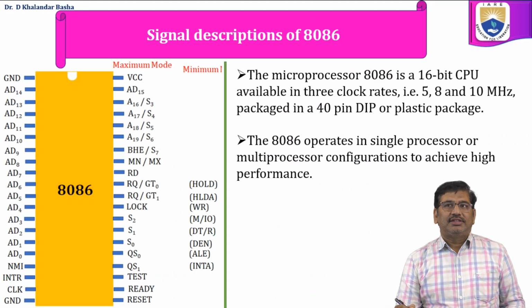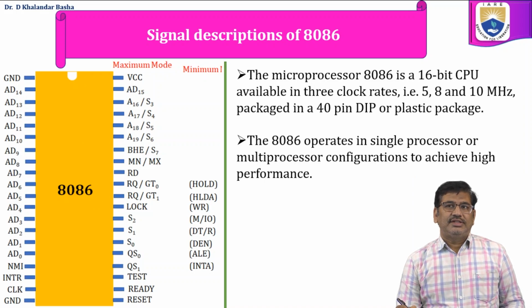The 8086 processor is a 16-bit CPU available in 3 different clock frequencies, that is 5 MHz, 8 MHz and 10 MHz. It is available in a 40-pin DIP package.